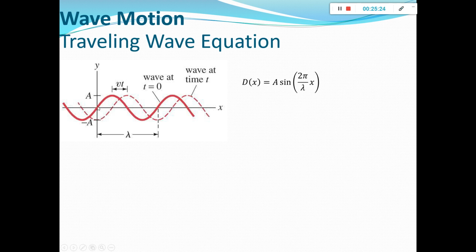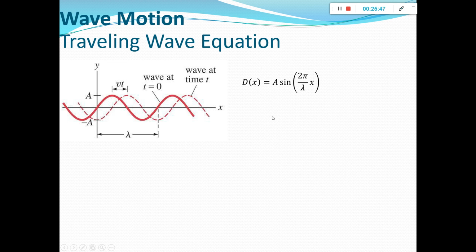All right? Because one full wave is essentially one full sine wave, which is 2 pi radians. So that's where this is coming from. After one full wave, this becomes 2 pi over 2 pi essentially, and it starts over again.